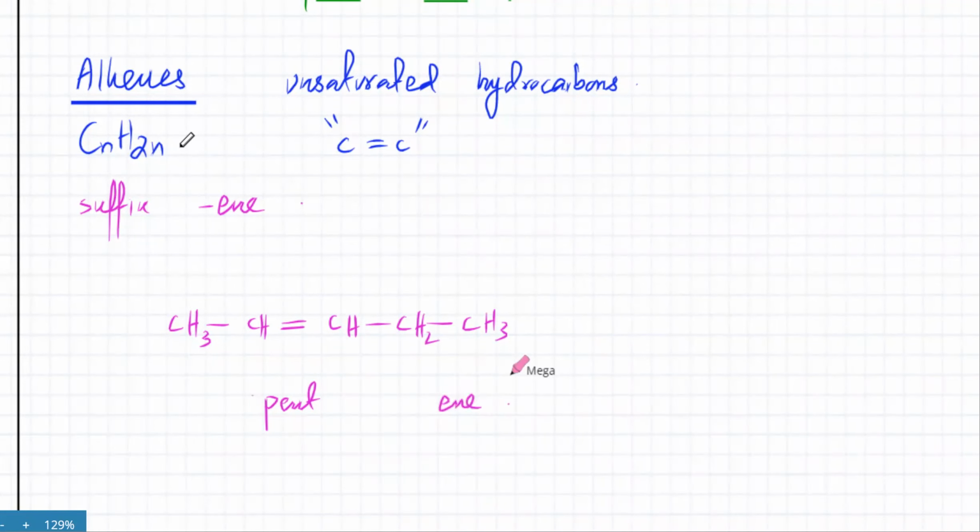Now, with functional groups, there's this additional thing that is needed: you need to tell the position. You need to tell where the double bond is, and you're going to count from the side that gives the smaller number.